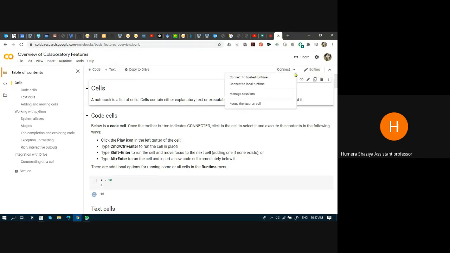And if you look at here, these programs are arranged in the form of cells. You write a program in the cell, and you have two types of cells: code cells and markdown cells. Markdown cells are textual cells, and code cells contain the Python code.